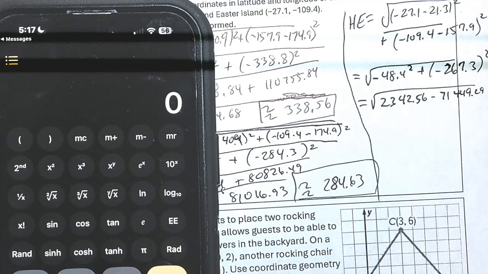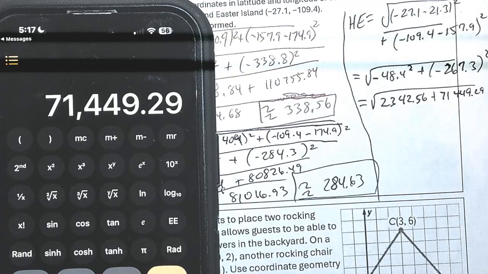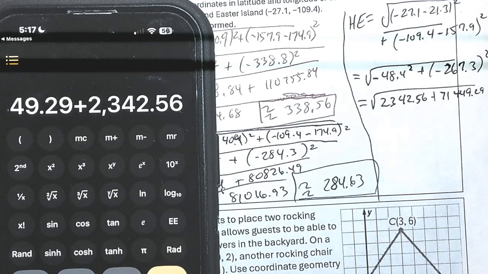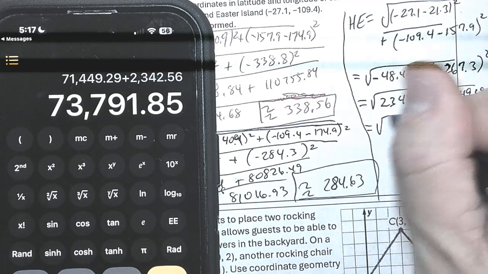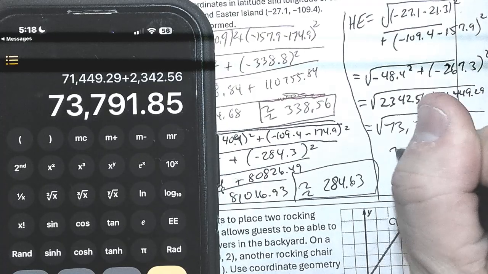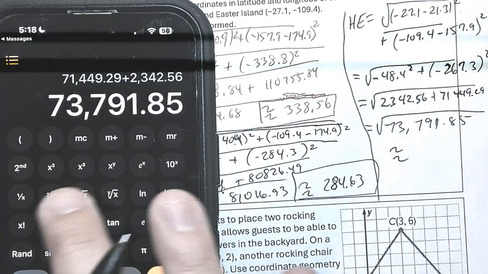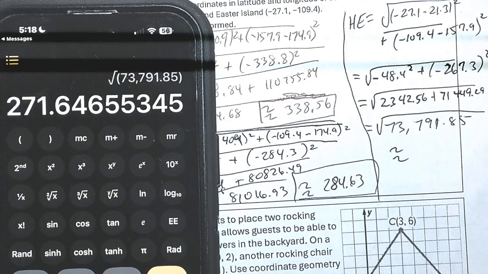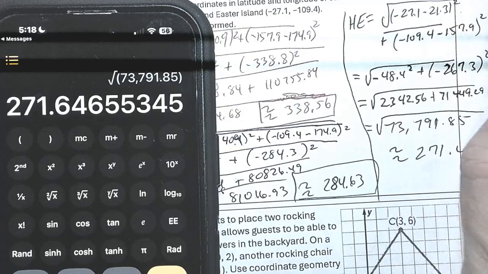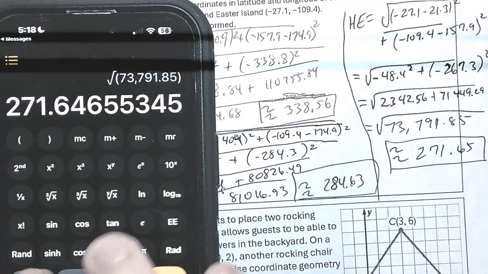So those two together make the square root of 73,791.85, which is approximately 271.65.